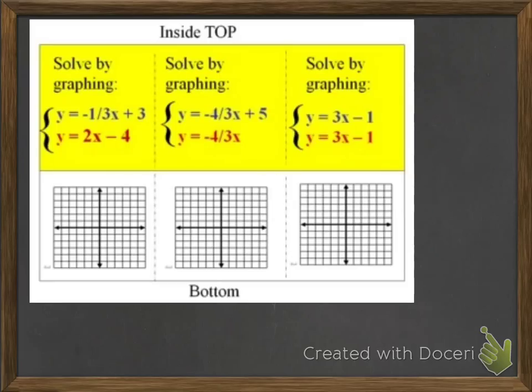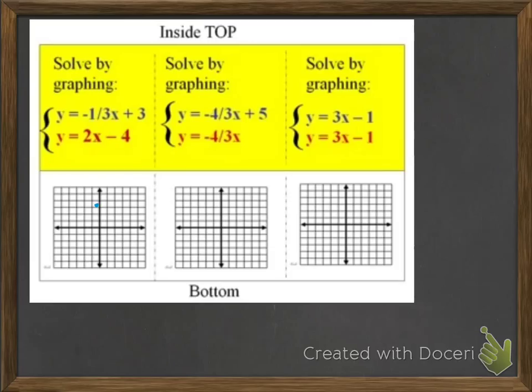Now here are a few more for us to try. Solve by graphing. Again, these ones have already been set equal to y, so it makes it a little bit easier. Sorry, it's not very clear. But again, what I'd go and do is make a point. So this one, we'd have a point at 3. 1, 2, 3.